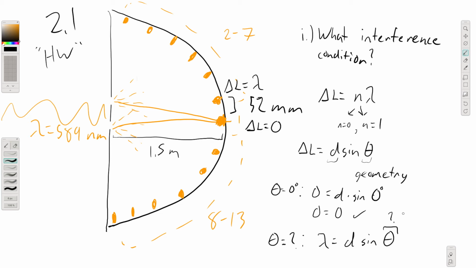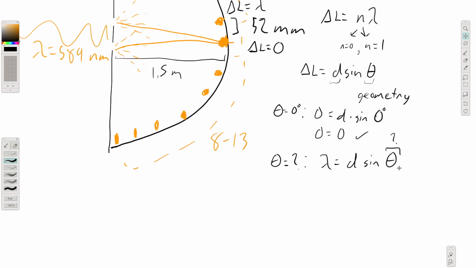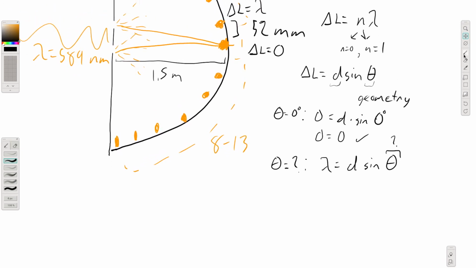Okay, then we have to pull out some elbow grease and figure out precisely what that theta is. So part 2 here is geometry. This means we have to draw some, you guessed it, triangles.